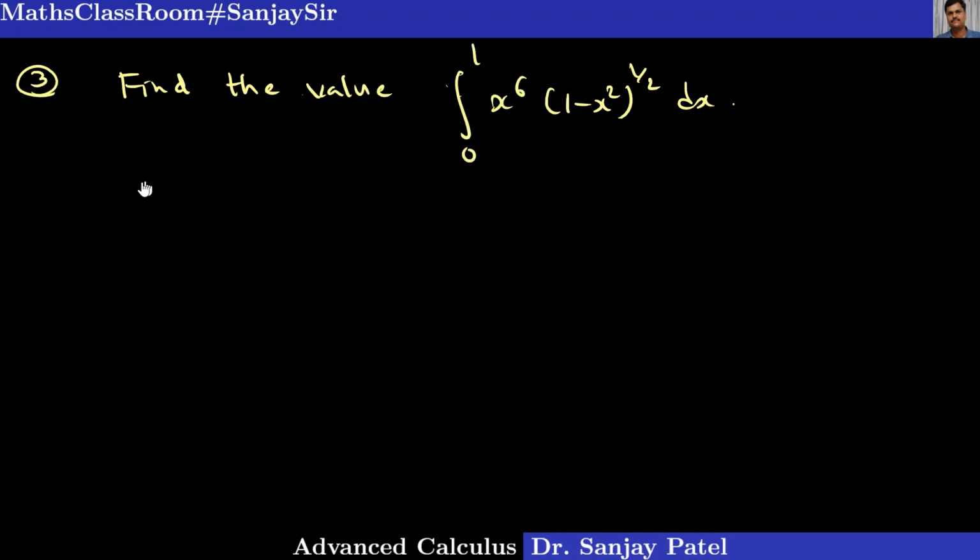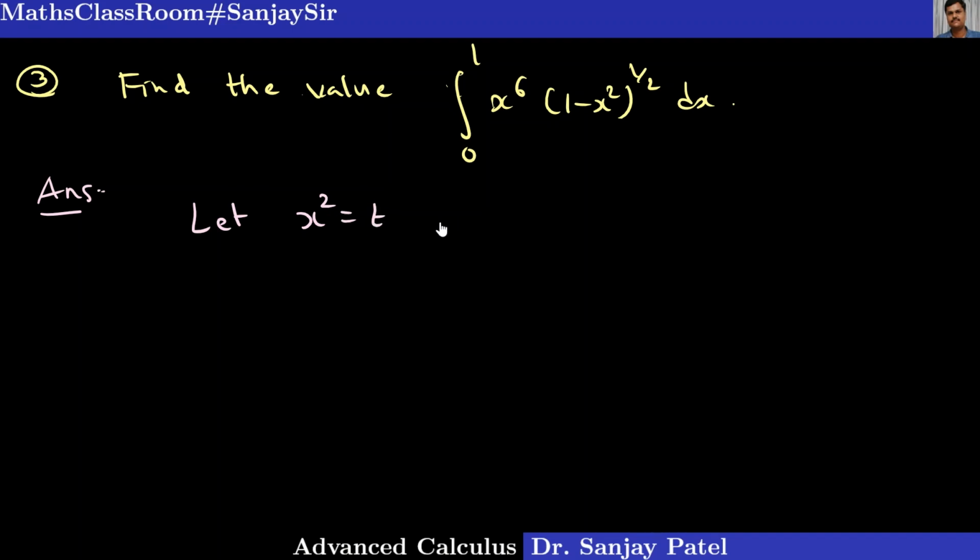So here also let us take some substitution. I think it is easy to take x square. Yes, let us take x square is equal to t. Remember, this is not the only way.